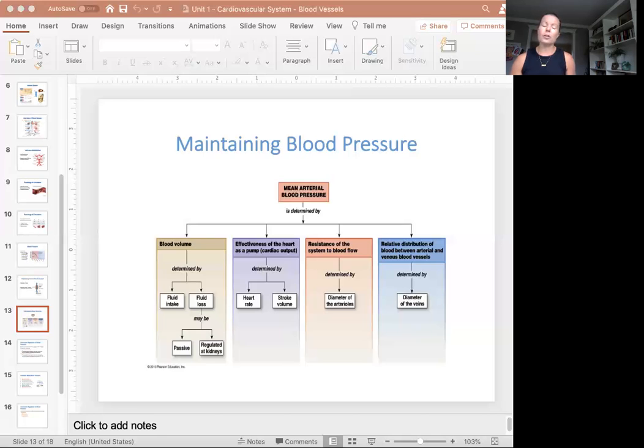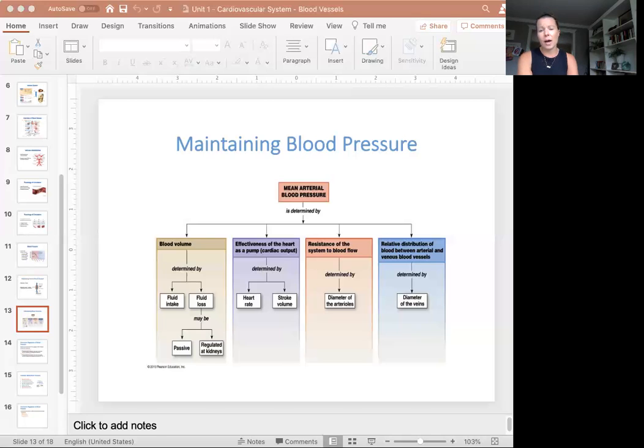So whenever blood volume is decreased, blood pressure will decrease. And then the other hormone that has a long-term effect, so it takes a while, is antidiuretic hormone. And it does the opposite of atrial natriuretic peptide. It increases blood volume. So when it increases blood volume, that increases blood pressure.